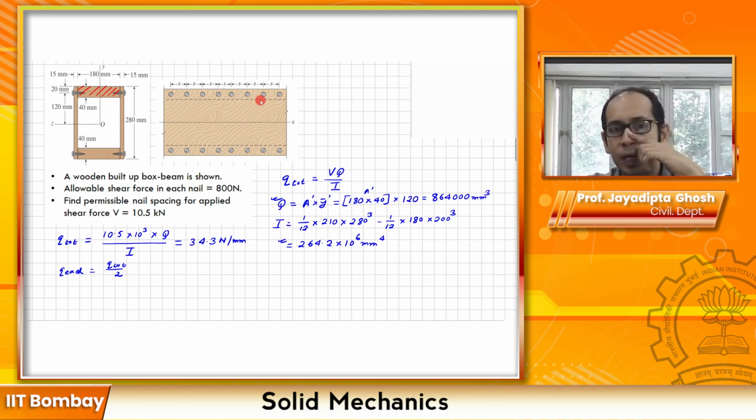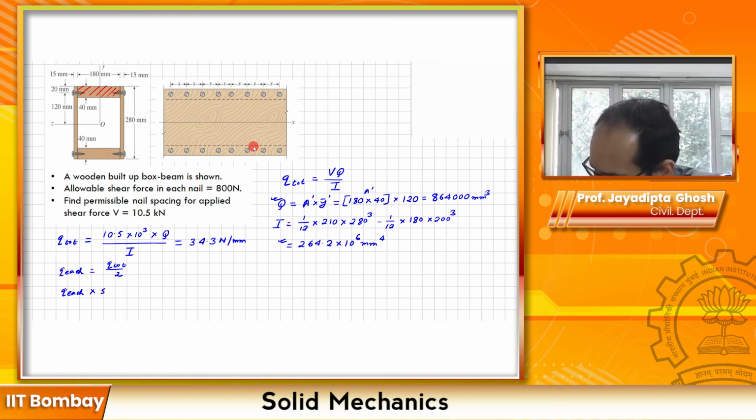How do we find that? You remember that q each times s, the spacing, equals the force resisted by the bolt, that is F. The maximum force resisted by the bolts here is 800 Newton. So let's write the expression first: q each times the spacing s equals F. If you plug in the values, q each is known from the previous line, and F is known.